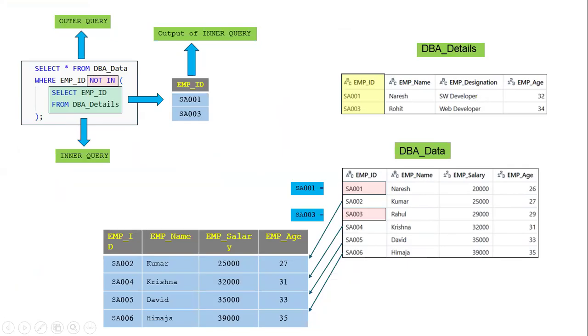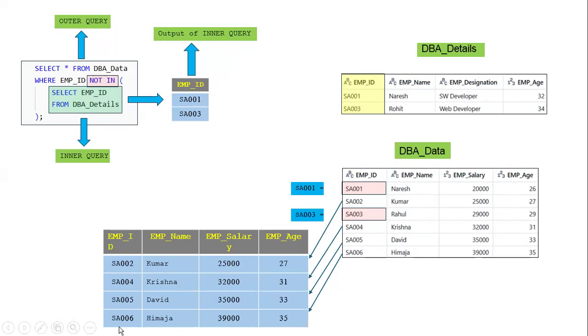This is my table B, and from here I'm selecting only this particular column. In this column I have only 2 rows, so that I'm getting here, employee ID with these 2 values. This is the output of the inner query.